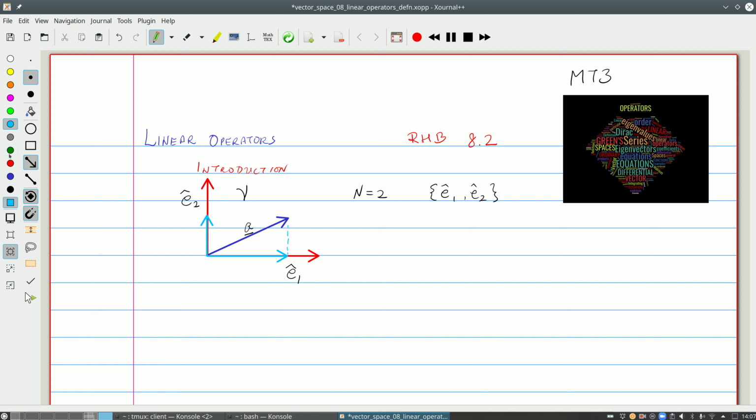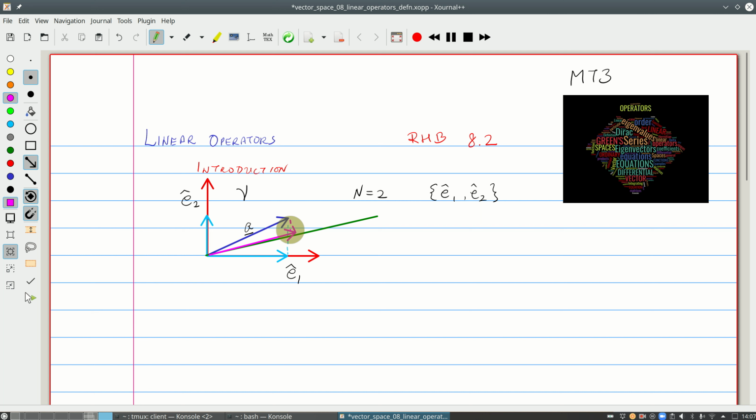For example, if you just choose a random axis here, the projection could happen onto that axis, and this would be your vector. Now rotations, projections, these are examples of linear operations on a vector space.